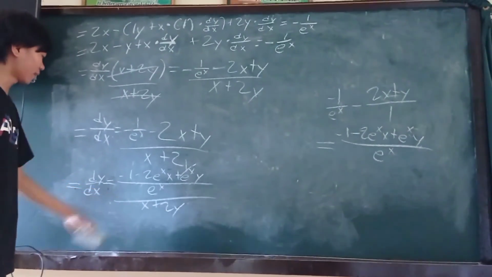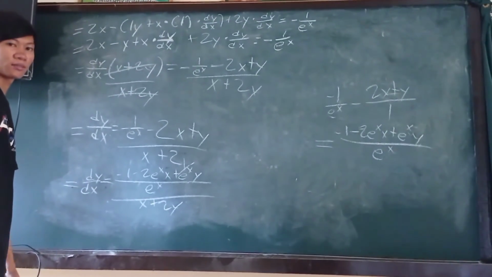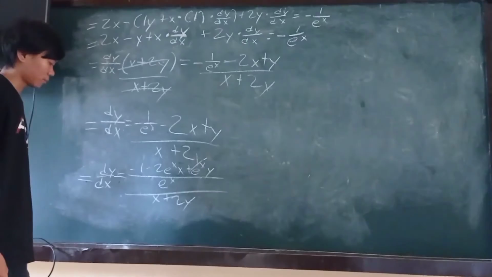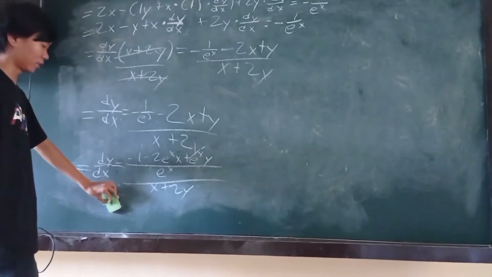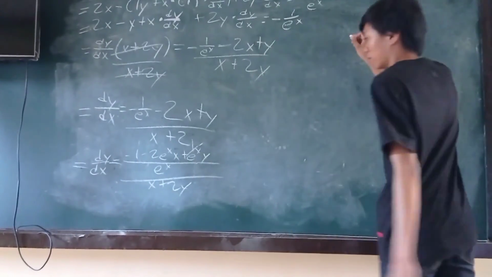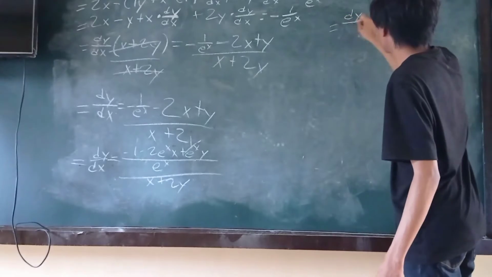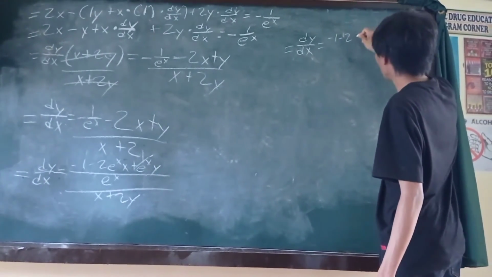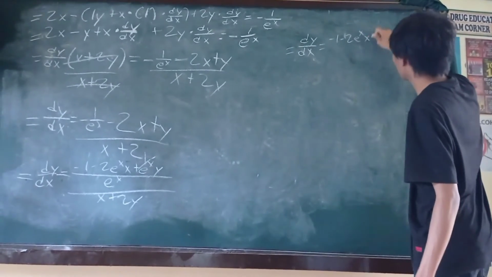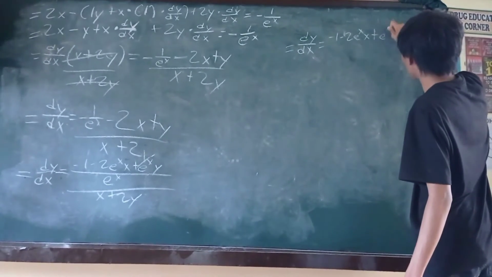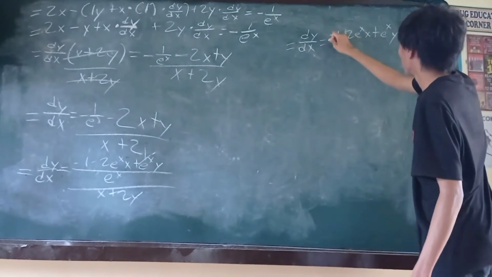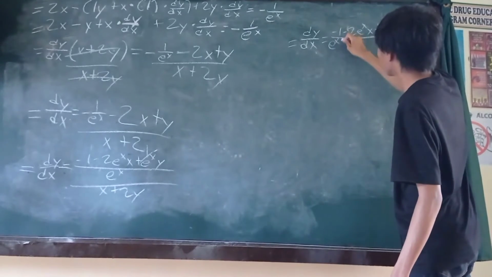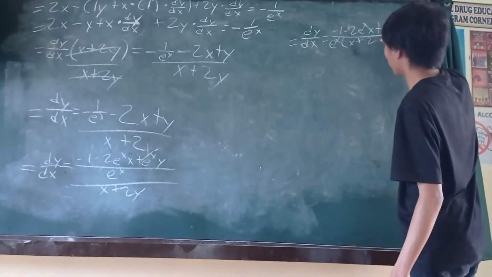Then simplify the complex division. The dy over dx equals to negative 1 minus 2x e raised to x plus y e raised to x over e raised to x times x plus 2y.